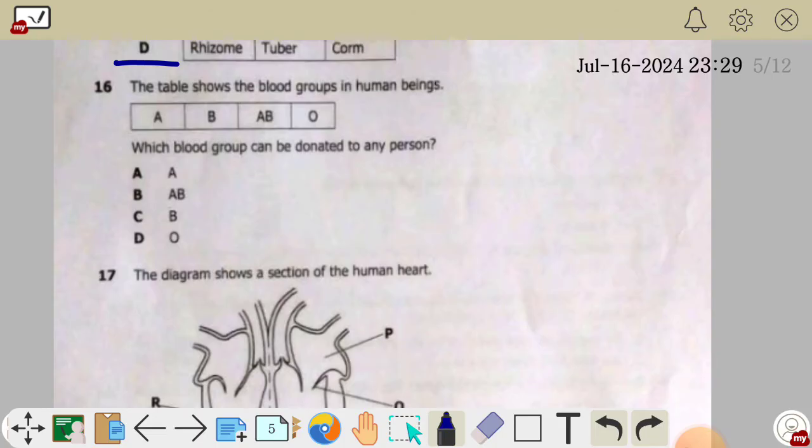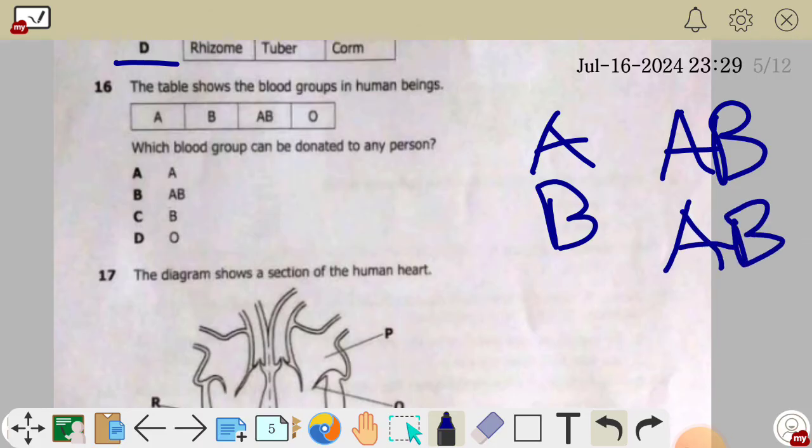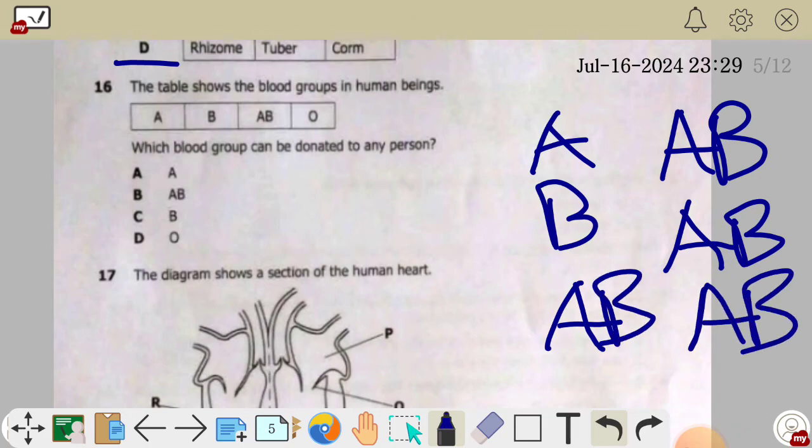universal donor. Okay, so blood group A can only be donated to blood group A and also blood group AB. Blood group B can only be donated to blood group B and blood group AB. Blood group AB can only be donated to blood group AB, and blood group O can be donated to all those types of blood groups.